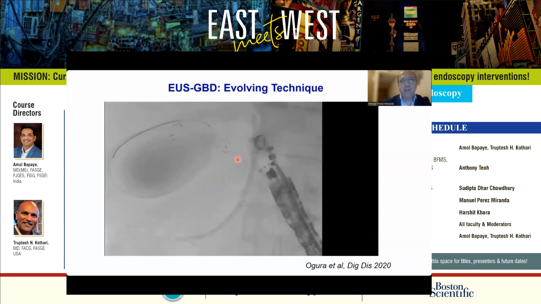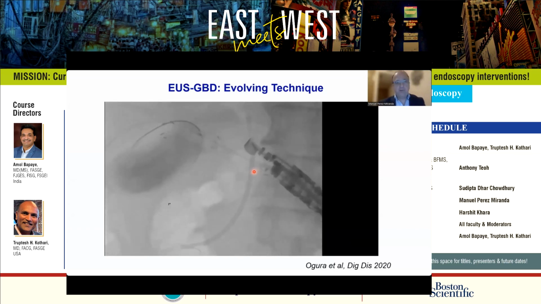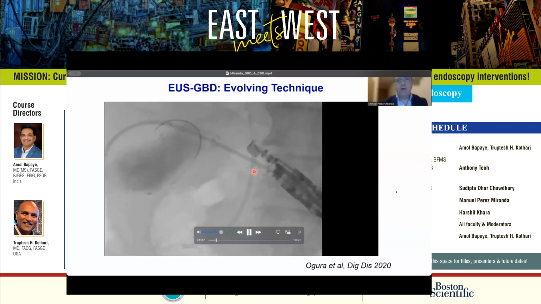Here's the waist of the duodenal wall. In those stents without anchoring flaps, a double pigtail had to be inserted to prevent migration, to which these stents are prone.